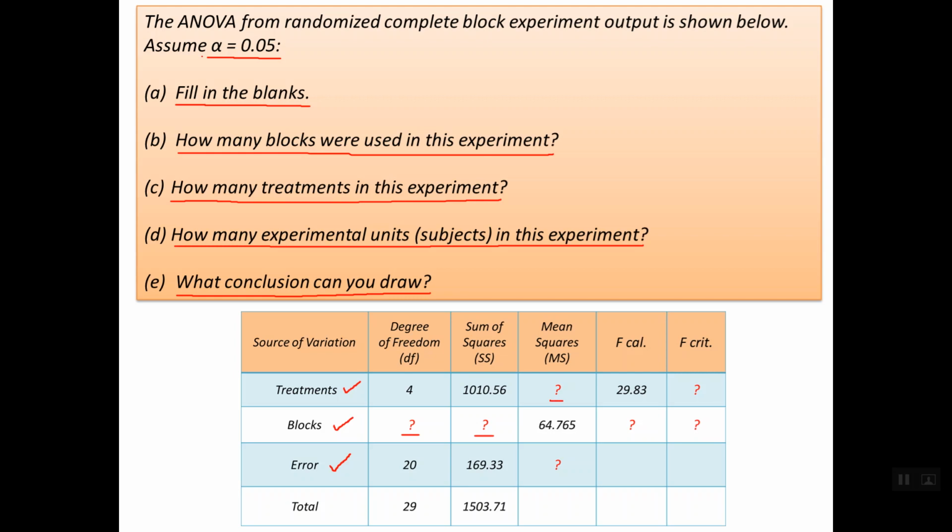We need to find the value of the mean square of the treatments and the mean square for the error. We need to find the value of the F calculated for the blocks, and we need to determine the value of the F critical for both the treatments and the blocks.